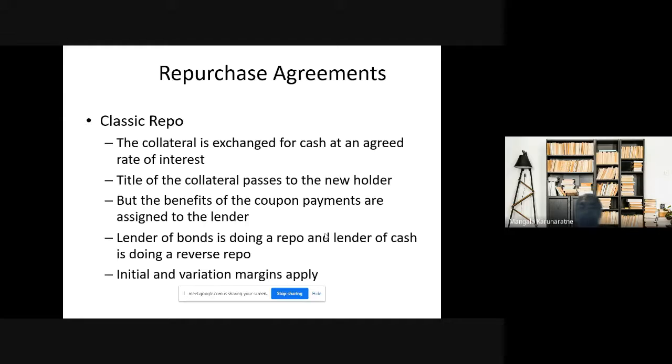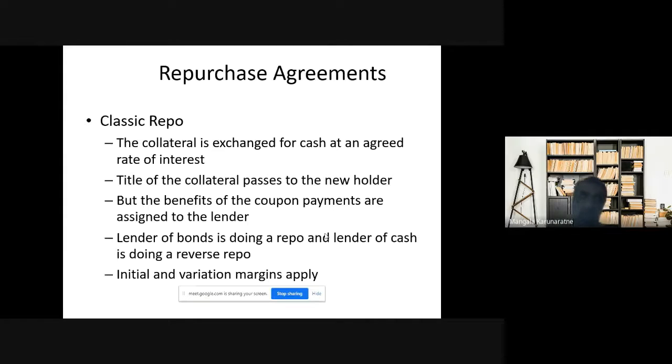Lender means the person who is giving the bonds. So the benefit of the coupon, if he receives a coupon, the coupon will go to the original person, not to the new holder, right? Because of that, the lender of bonds will get the coupons.